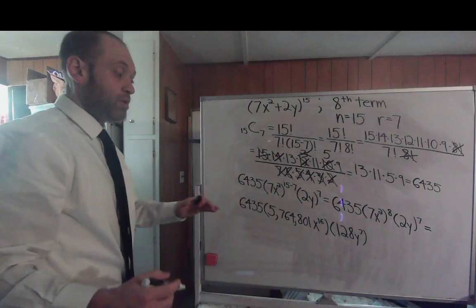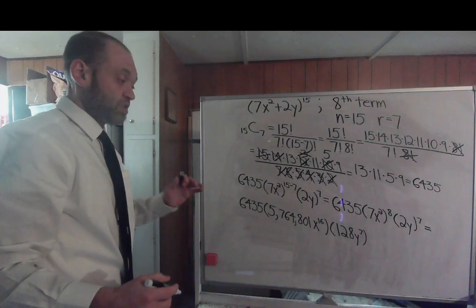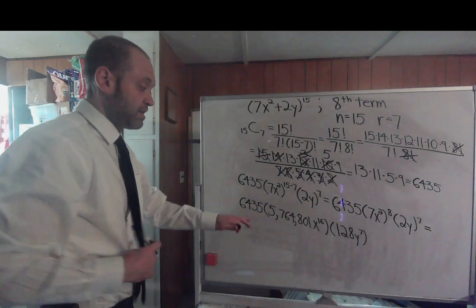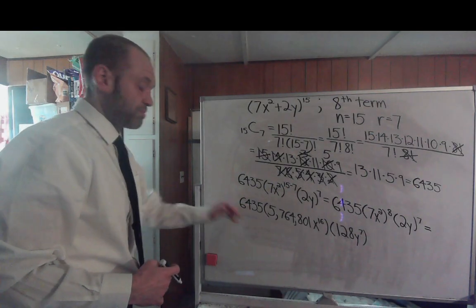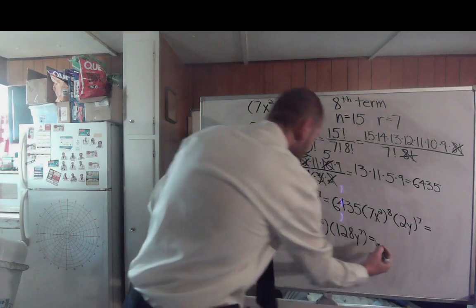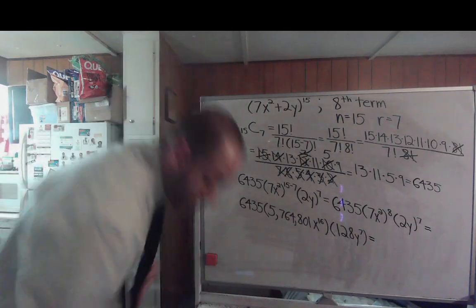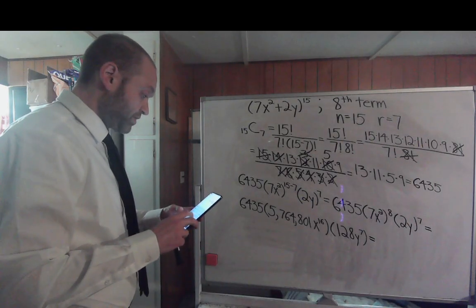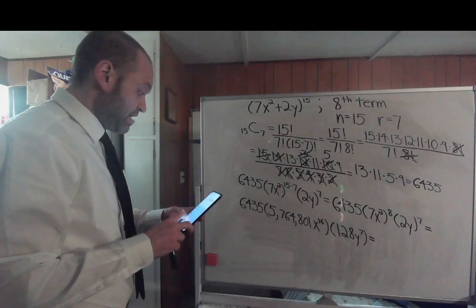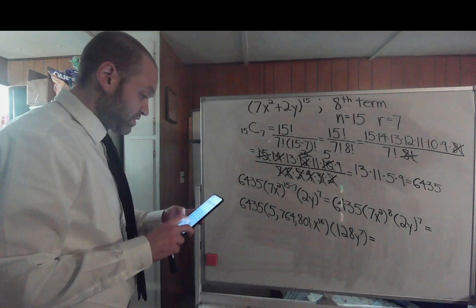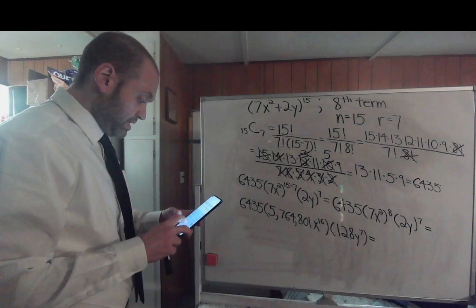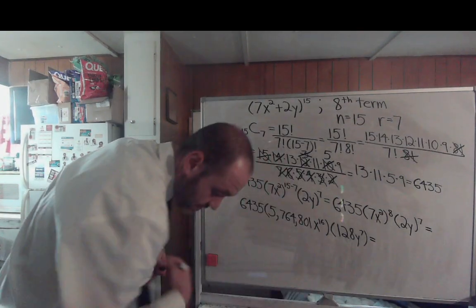Now we go ahead and multiply everything. So start by multiplying the coefficients on your variables and the coefficient outside of the parentheses, and we're going to have another really horrendous number. Alright, so 6,435 times 5,764,801 times 128. Are you ready for this?